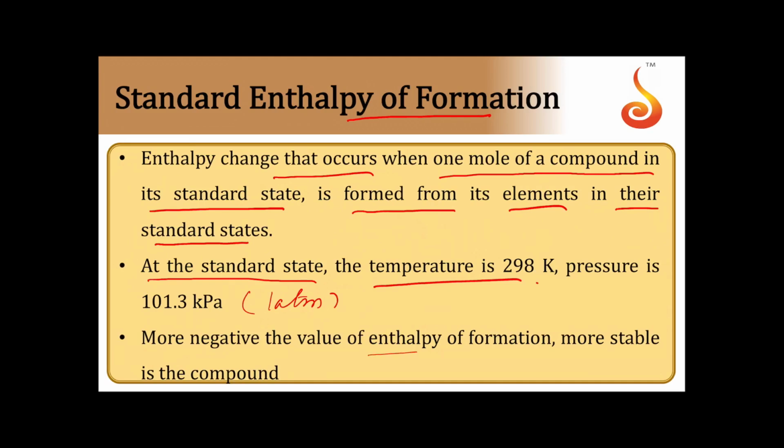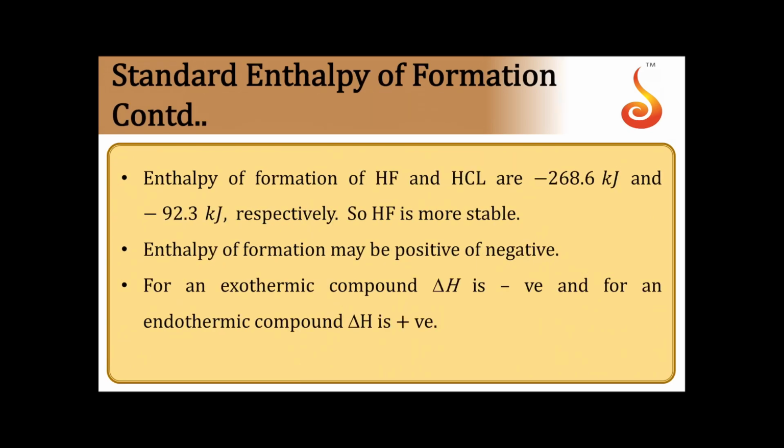The more negative the value of enthalpy of formation, the more stable the compound, meaning exothermic compounds are more stable. That is to say, the compound has lesser energy when compared to the reactants, and lesser energy always leads to a more stable state. Therefore, exothermic compounds are much more stable when compared to endothermic compounds.